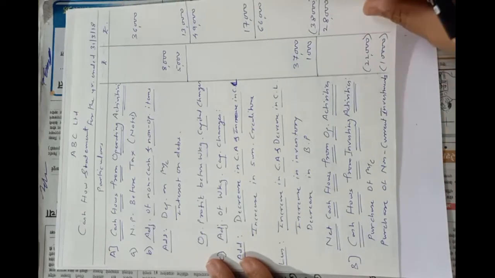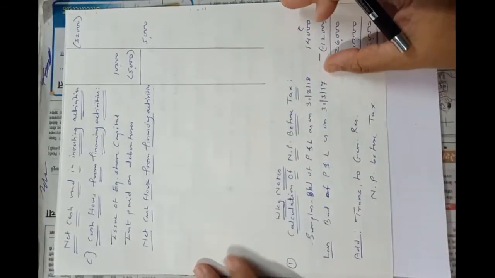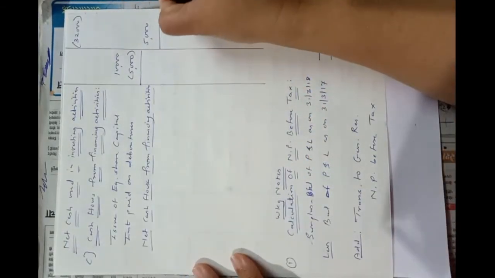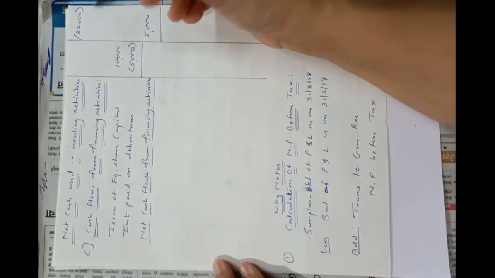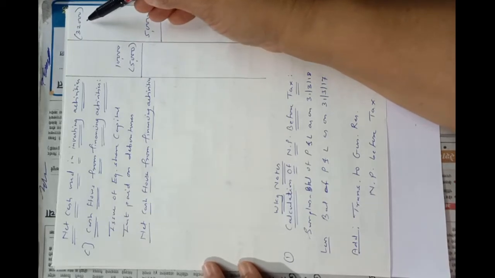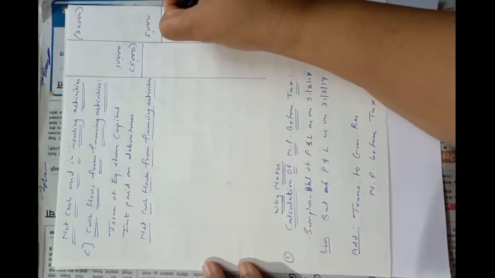Okay, so we have three figures in the outer column. Now we have to add them. So we will get either net increase in cash and cash equivalents or net decrease in cash and cash equivalents. This 5,000 plus the positive amount 28,000, it is 33,000. Okay, positive, and here negative 32,000, so the difference is positive 1,000.